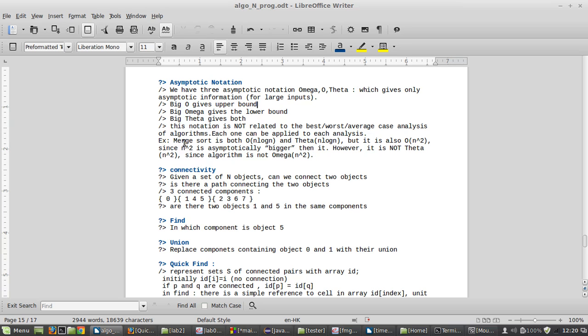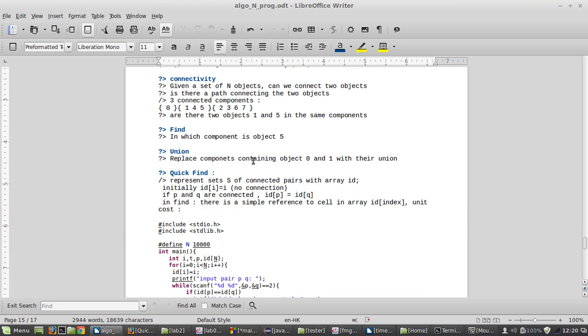Now, this notation is not related to the best, worst or average case analysis of an algorithm. Each one can be applied to any kind of algorithm analysis, so it depends on yourself. For the example, I present here merge sort, which is both big O of n log n and theta of n log n, but it can also be big O of n squared, that is quadratic, since n squared is asymptotically bigger.